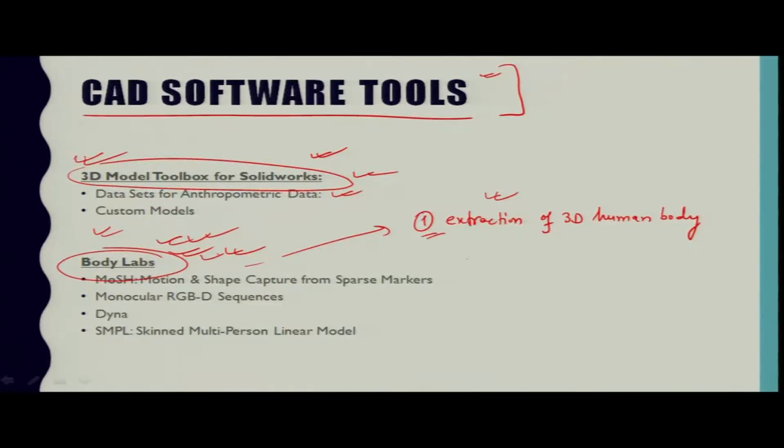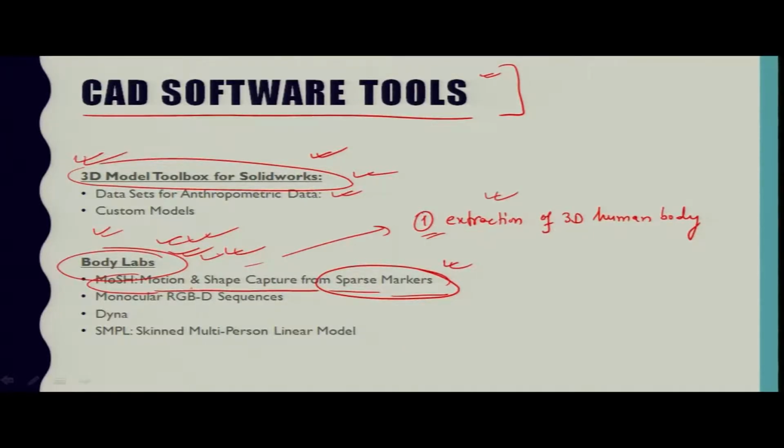Those methods may be MOSH, that is motion and shape capture from sparse markers. Here sparse markers are used on the human body to capture the shape and postures of different parts of the body with respect to time.